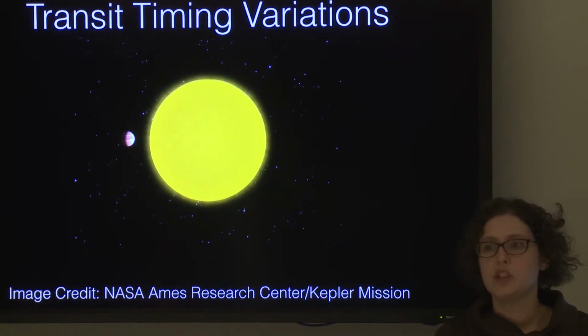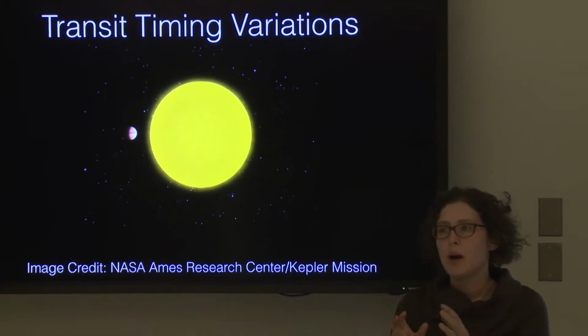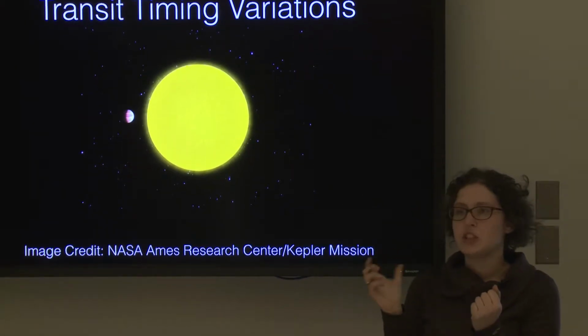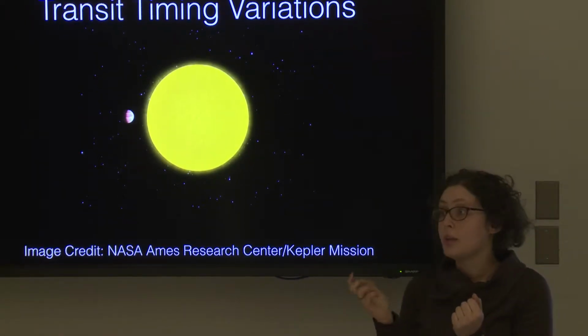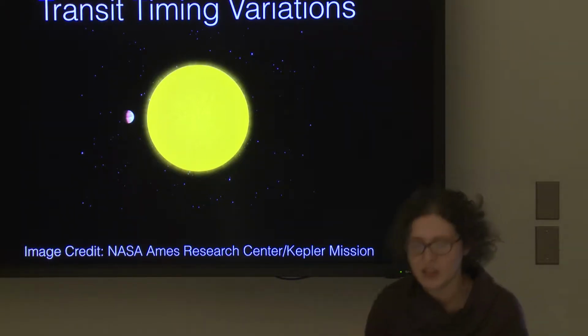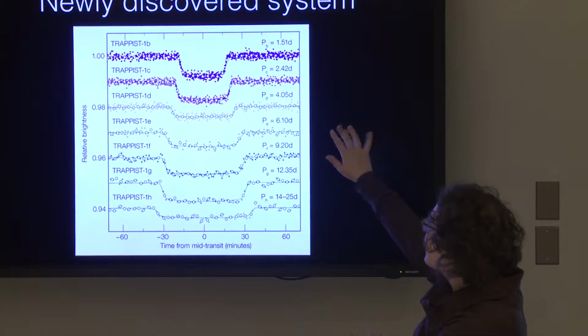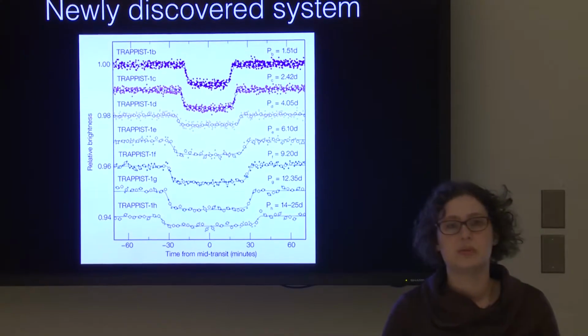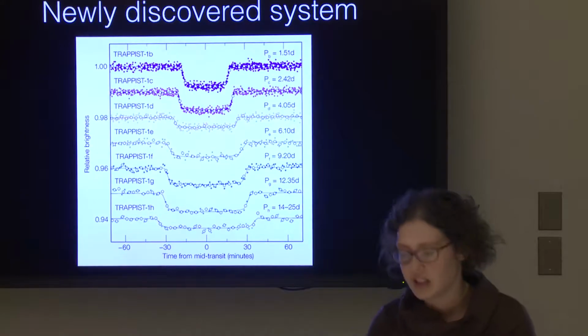I'm not going to talk about it too much, but it's another reason why we're not just trying to detect these transits, we're trying to get good constraints on all the planet parameters, even though there's noise. So even though this looks like a clear detection, if we're trying to see exactly where the center of this is, we still have some challenges with the noise.